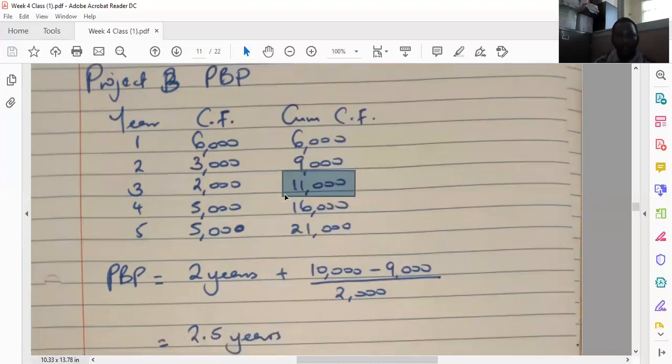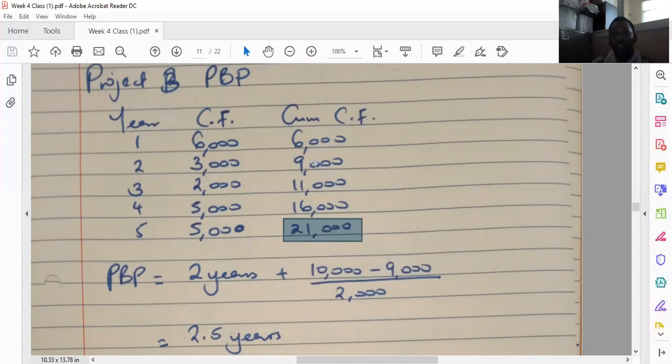Year 4 is 16,000, which is 11 plus 5. And year 5, the cumulative cash flow is 21,000, which is 16 plus 5, giving us 21.